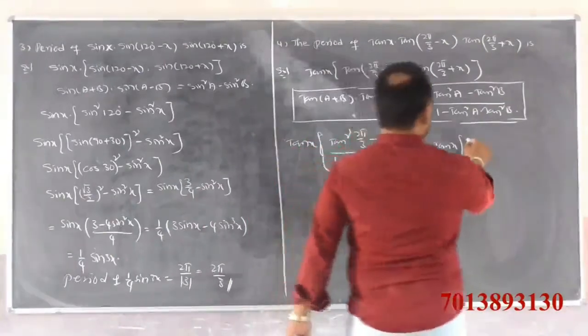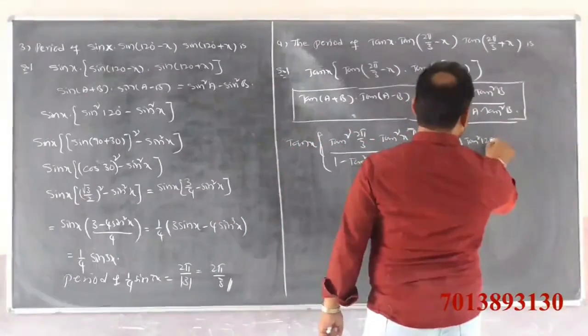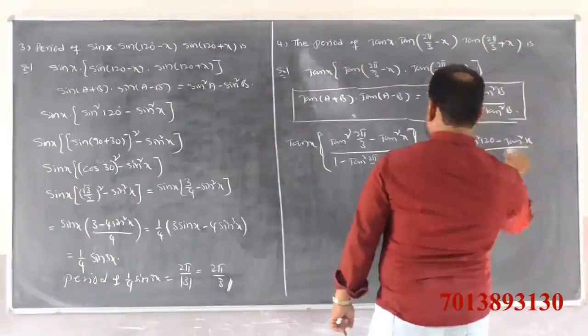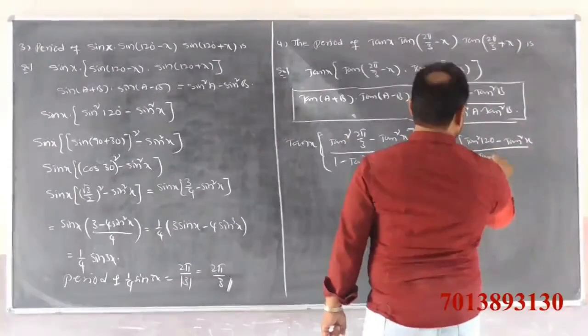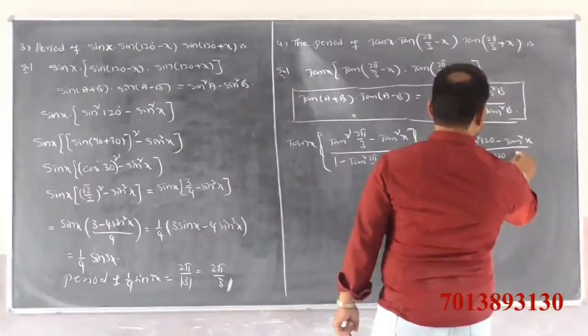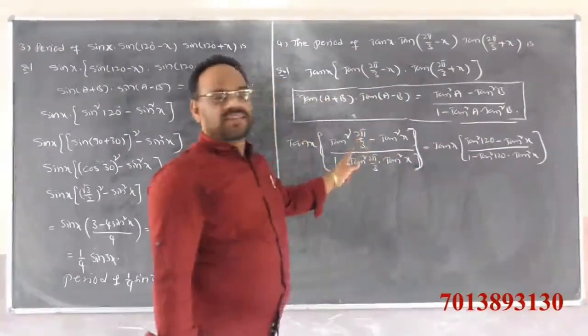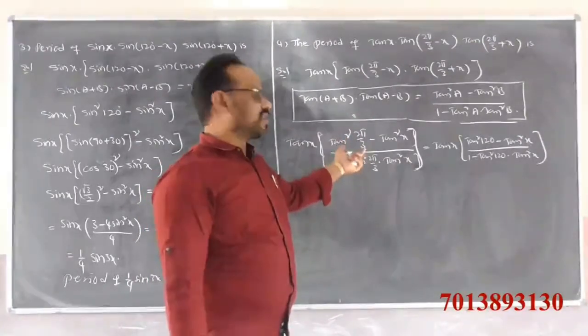So we get tan square 120 minus tan square x by 1 minus tan square 120 into tan square x. So the 2 pi by 3 value is clearly 120 degrees.